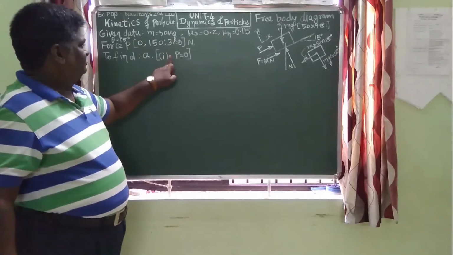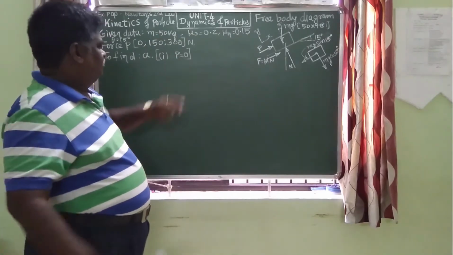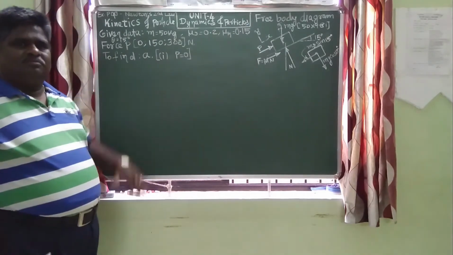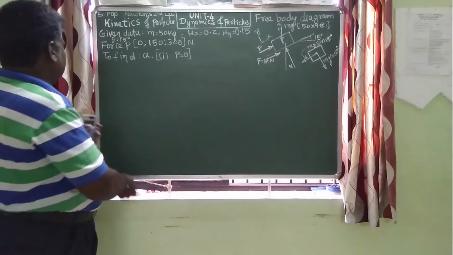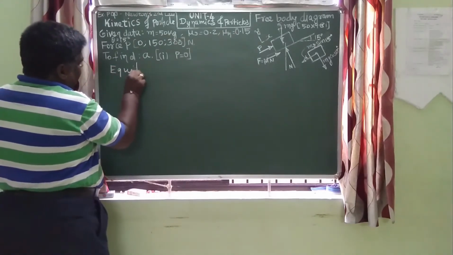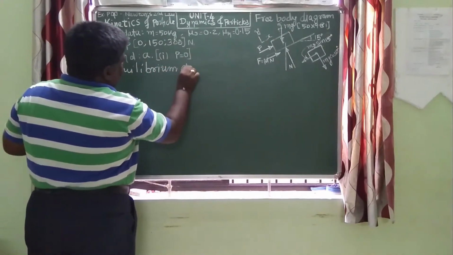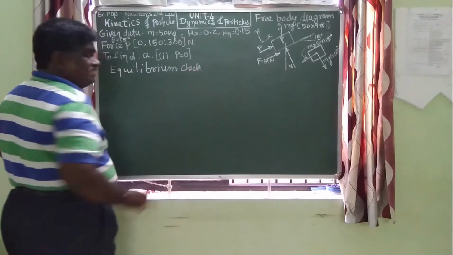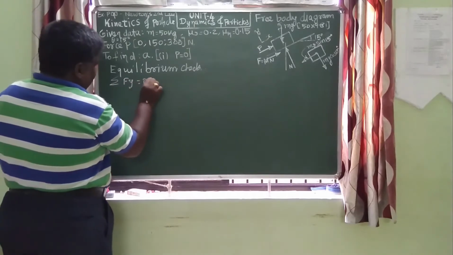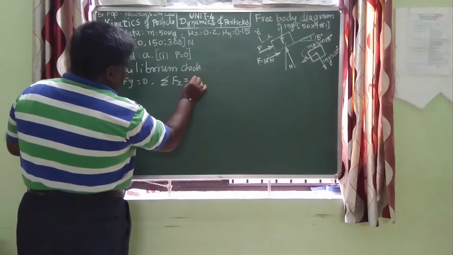First we consider the initial condition at external force 0. So first we have to verify the equilibrium at static condition. So equilibrium check. Under static, summation of F y equal to 0, summation of F x equal to 0.